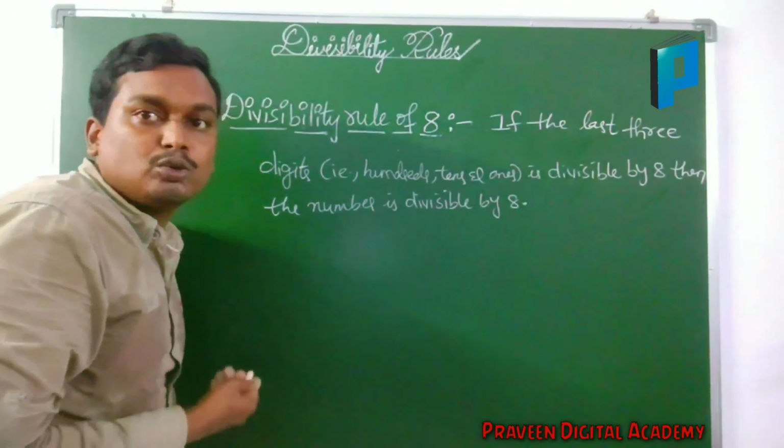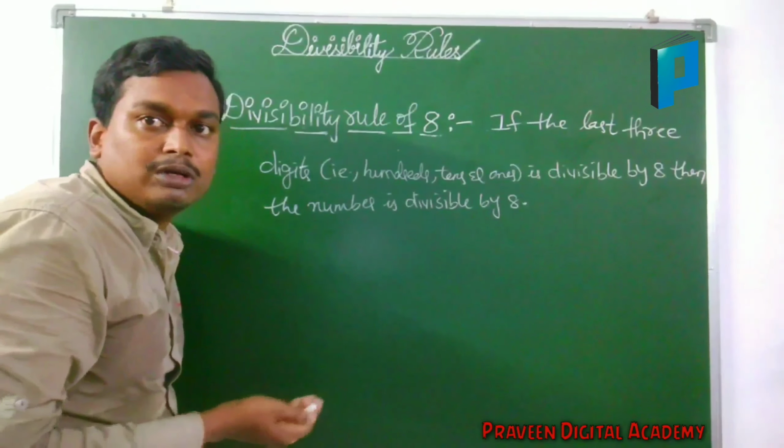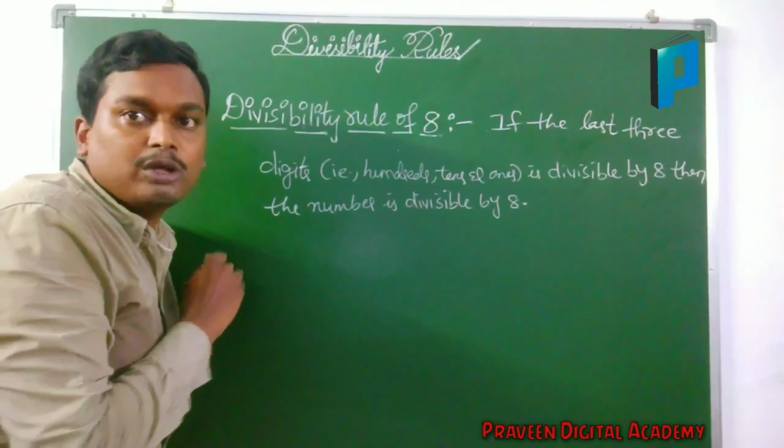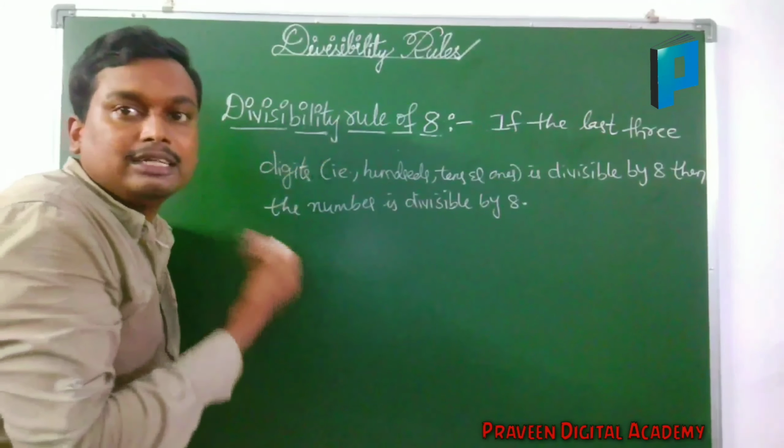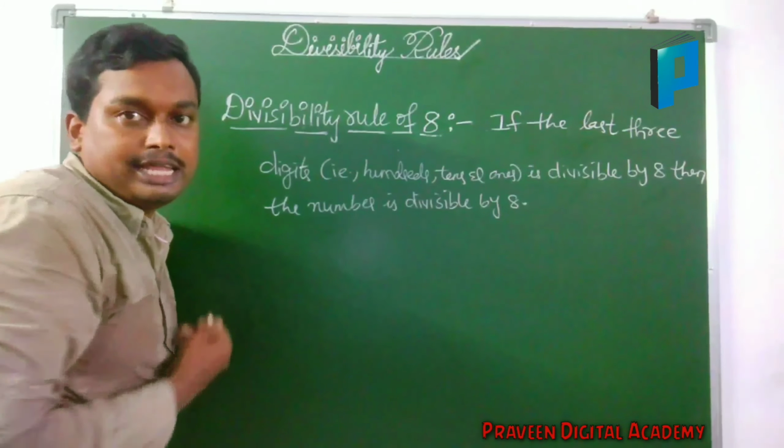Here, if the last 2 digits are divisible by 4, then the number is divisible by 4. Here, if the last 3 digits are divisible by 8, then the number is divisible by 8.